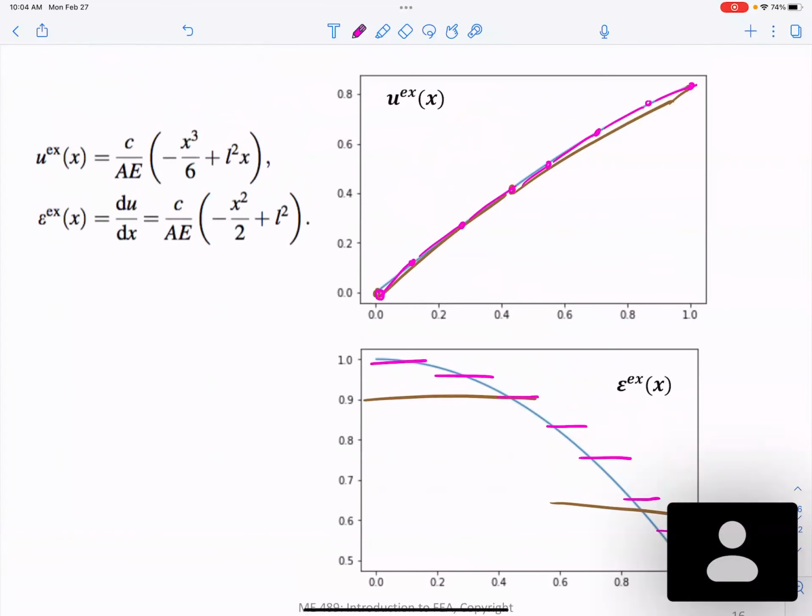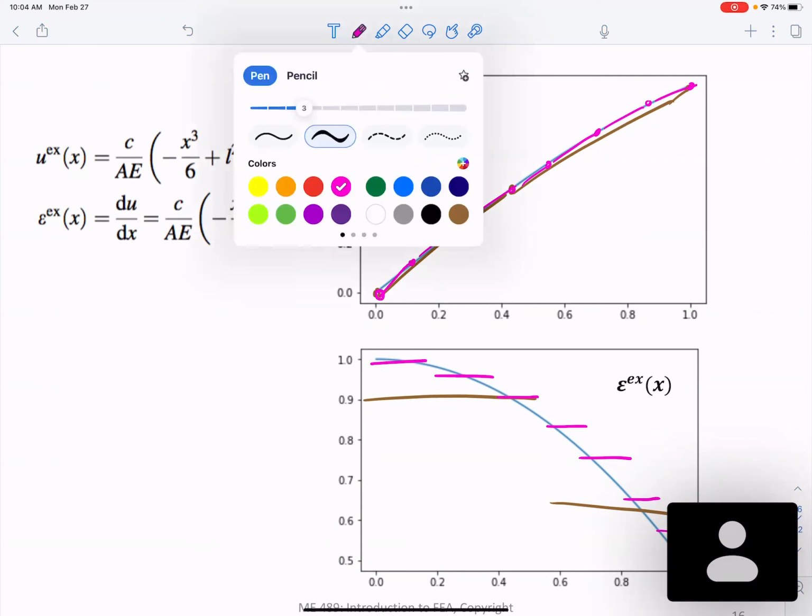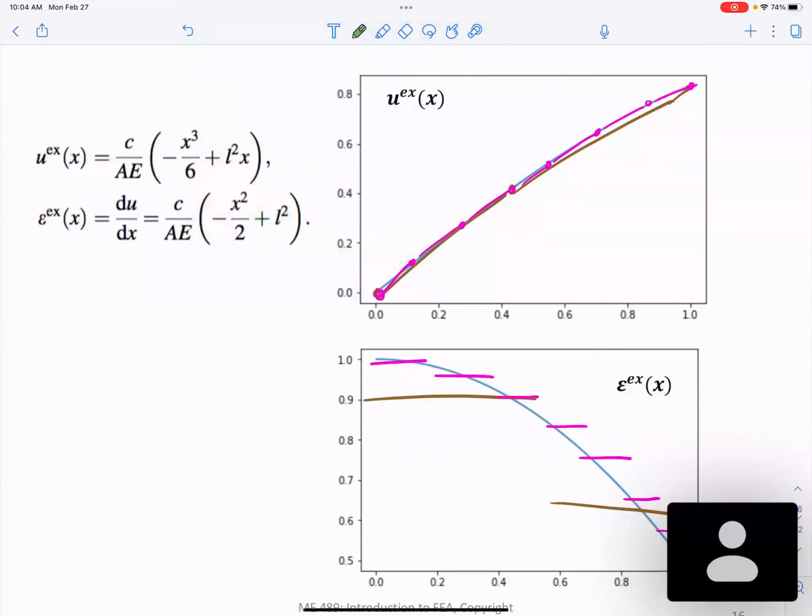So the main idea of convergence is that if you increase the number of points to infinity, you will recover the exact solution. Obviously that is only valid at infinity, but if your mesh has too many points, then you recover the strong form.